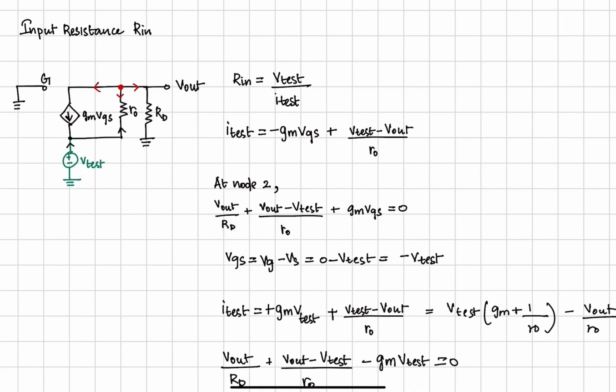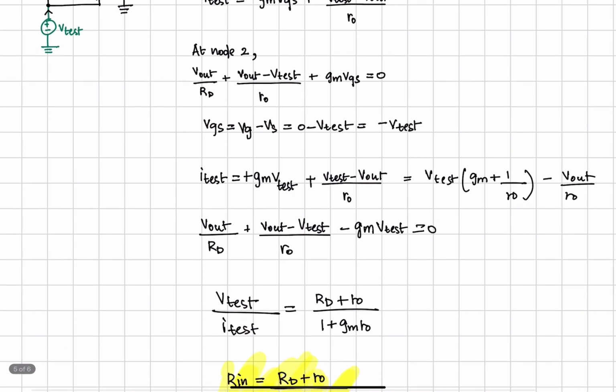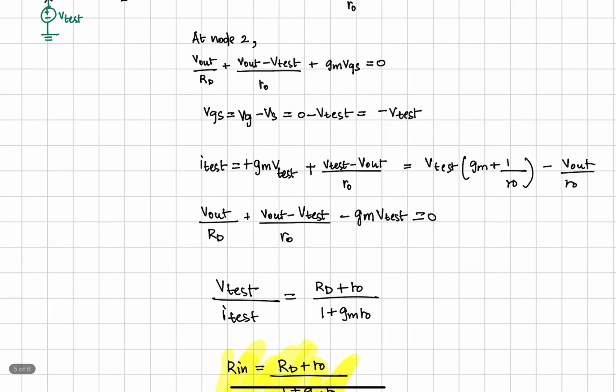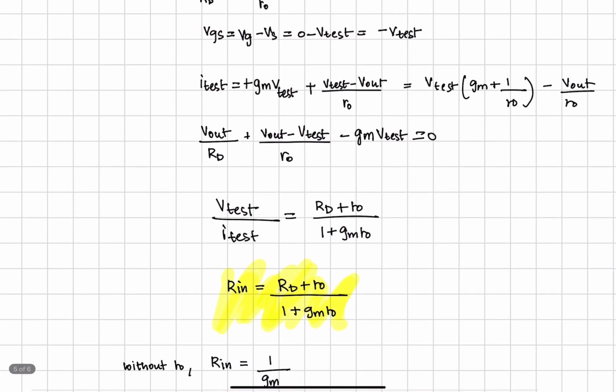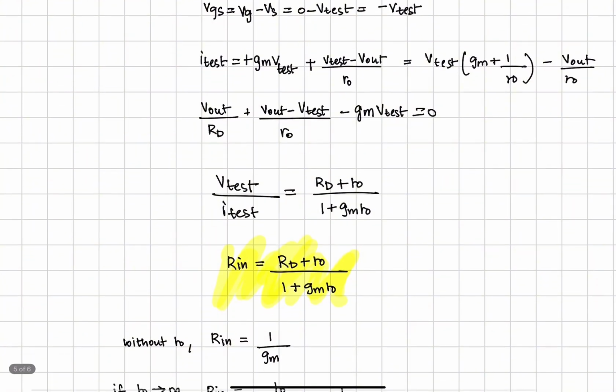We know that the gate source voltage can be given as the gate voltage minus the source voltage, which is the negative test voltage. So by rearranging all these terms and reducing the formula, we get V test divided by I test is equal to RD plus RO divided by 1 plus gm into RO. Rin is equal to RD plus RO divided by 1 plus gm into RO.